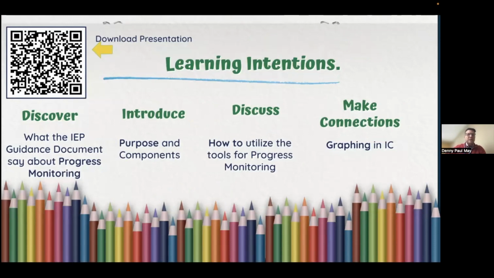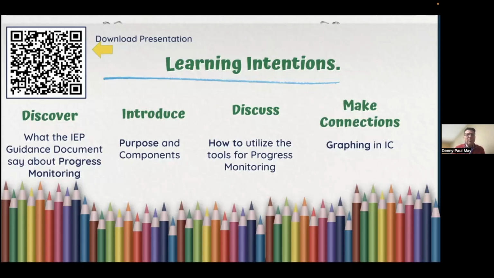Our learning intentions today are to look at what the IEP guidance document says about progress monitoring. We're going to try to establish an introduction to the purpose and components of progress monitoring. We'll discuss some tools and make some connections to Infinite Campus through some screenshots.